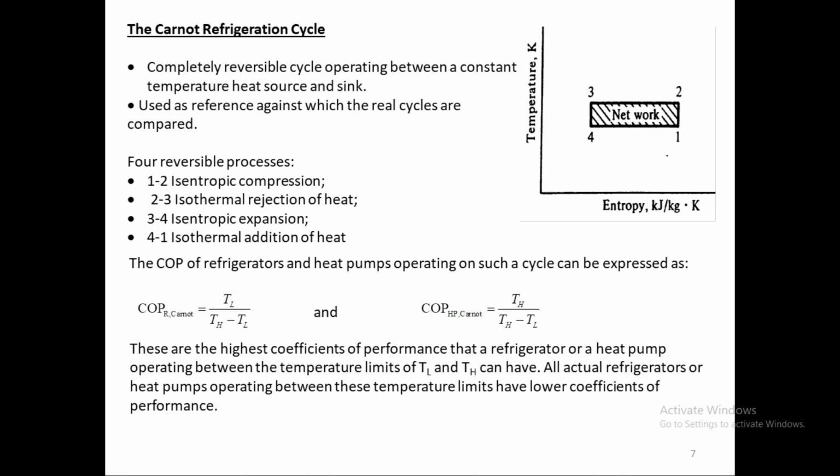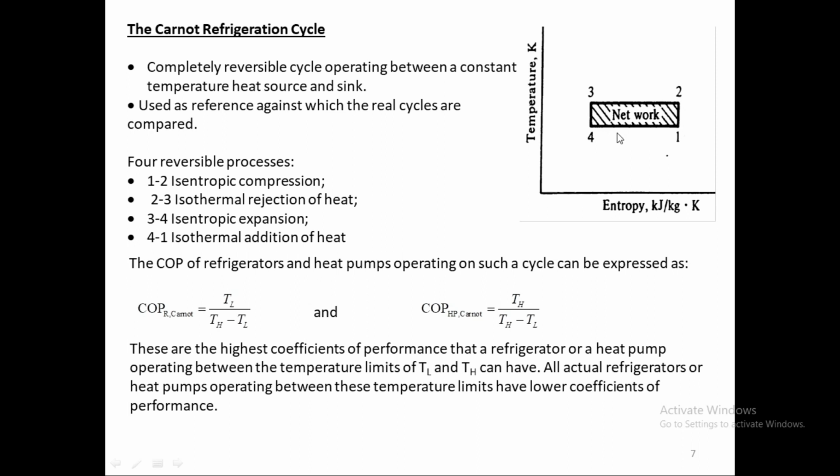This is an ideal situation. We are discussing the Carnot cycle here, so in the Carnot cycle 3 to 4, the expansion process is an isentropic process, an ideal process. And then 4 to 1 is the isothermal heat addition in the evaporator. So that's the complete cycle for Carnot refrigeration.